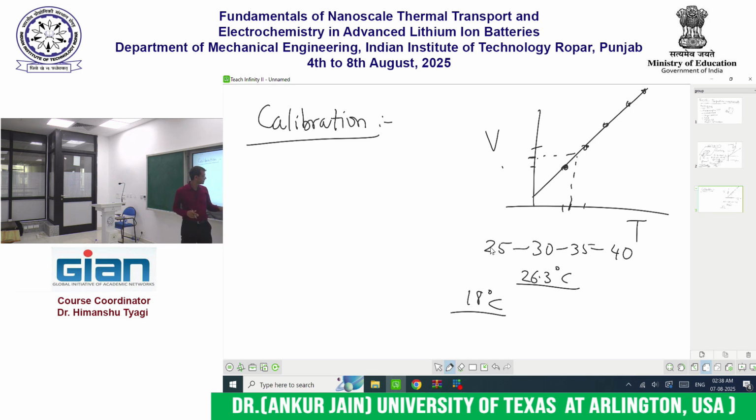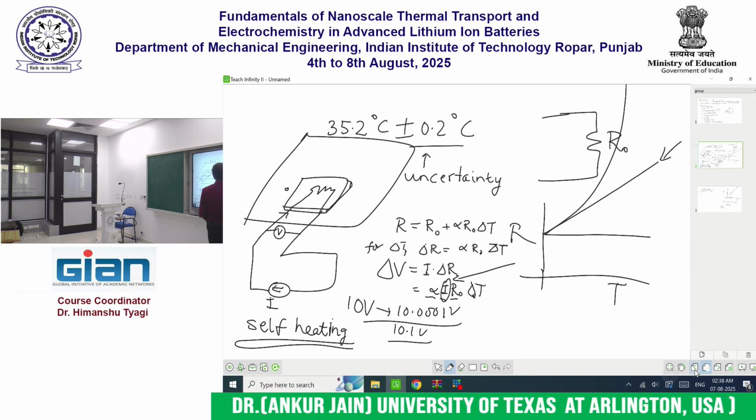In other words, before I go and measure the temperature of this body, I need to have a hot plate whose temperature I can control and whose temperature I can measure with great confidence.